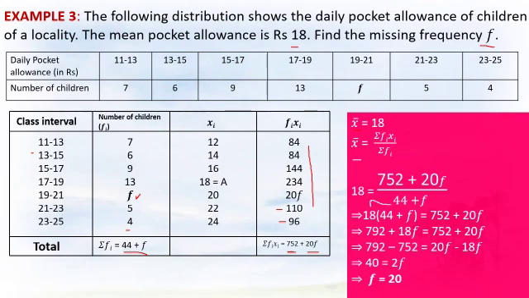Open the bracket. 18 into 44 is 792, plus 18f, is equal to 752 plus 20f. Now you transpose the terms. 792 minus 752 is equal to 20f minus 18f. That is 40 is equal to 2f. That is f is equal to 40 divided by 2, which is equal to 20. So the missing frequency is 20.